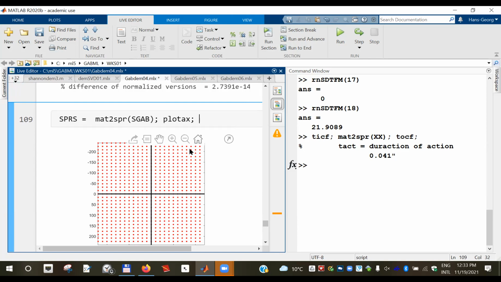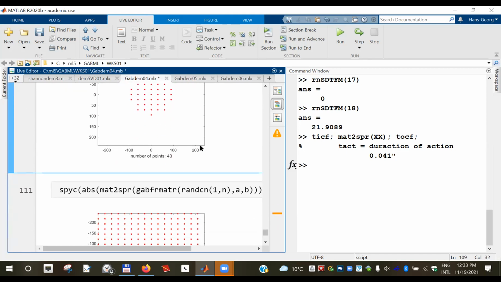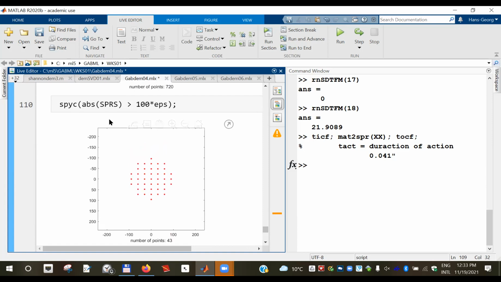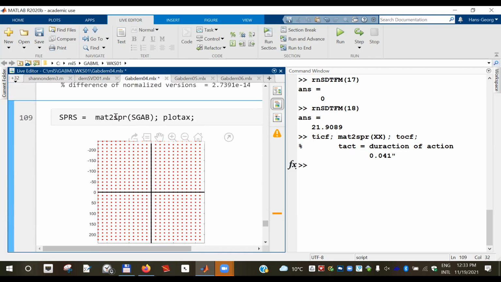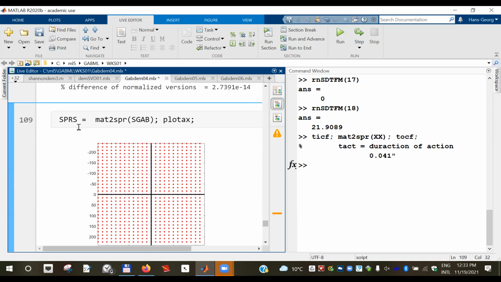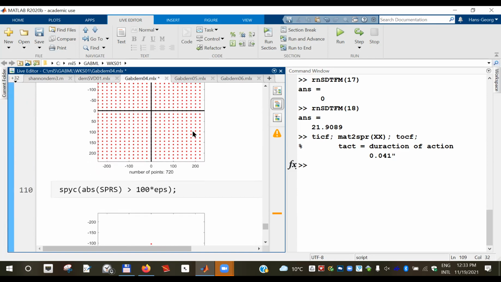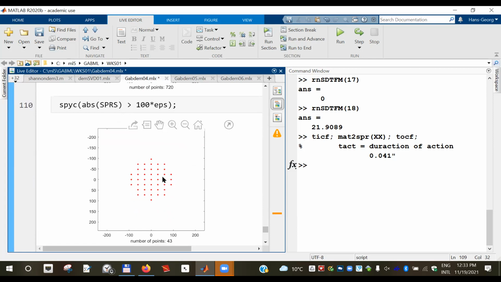So again, the question: where do you have non-zero or significant values of this operator? Once more, SPRS is the spreading representation of our frame operator S. We get it from the Gabor frame matrix, and we see that the values seem to be concentrated on some lattice.